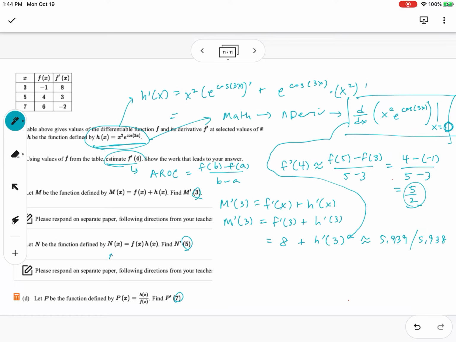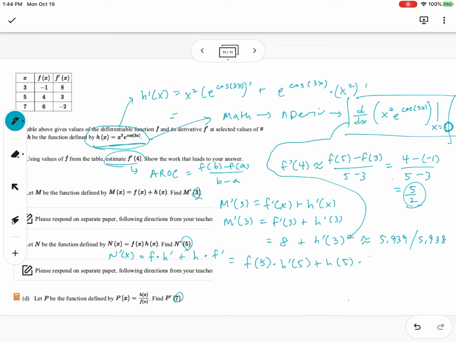So this is just the product rule. So n prime of x would be the first times the derivative of the second plus the second times the derivative of the first.